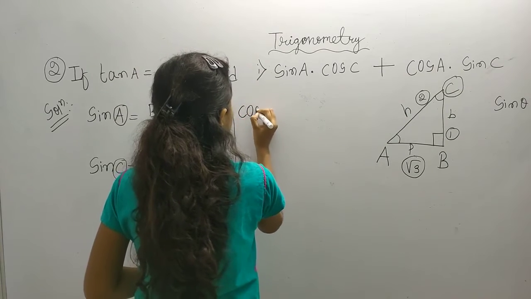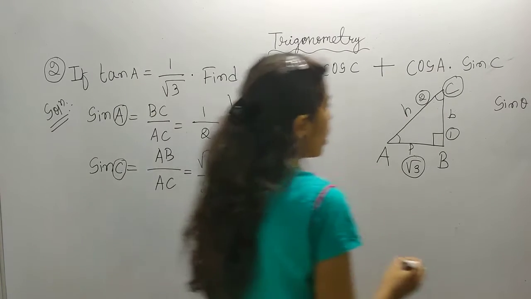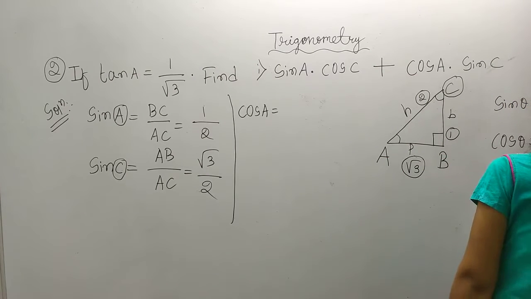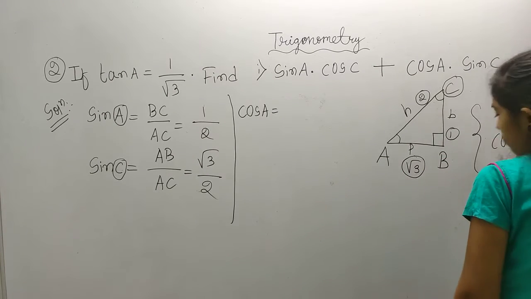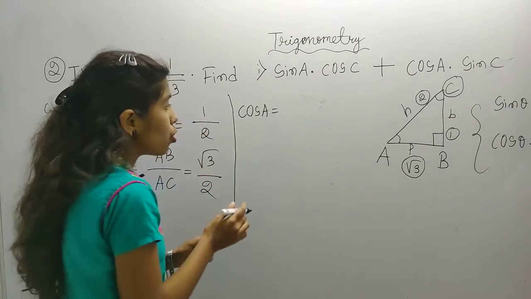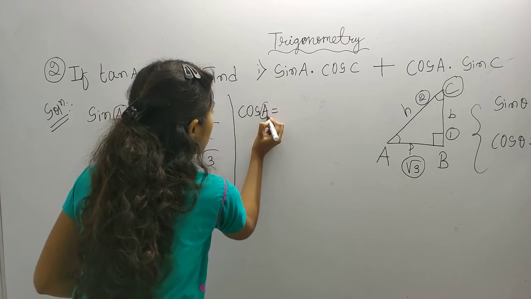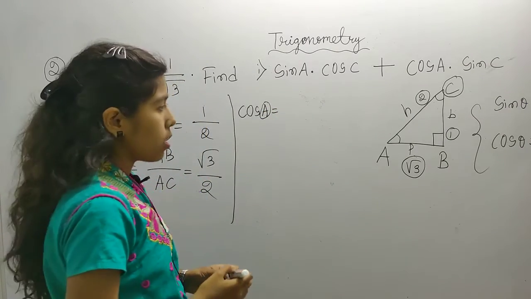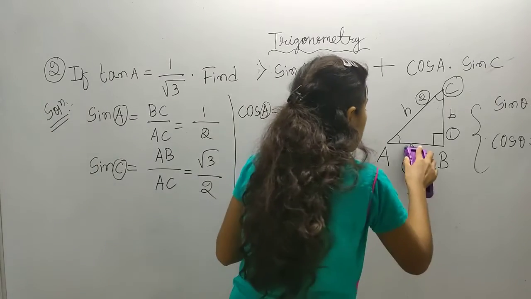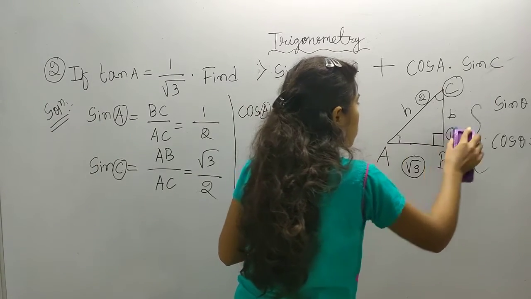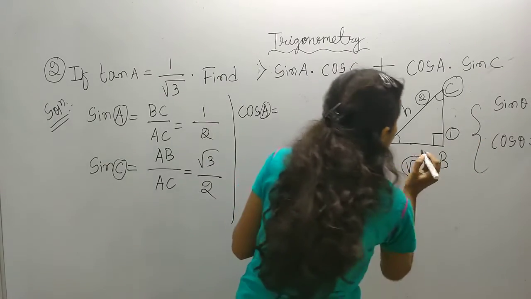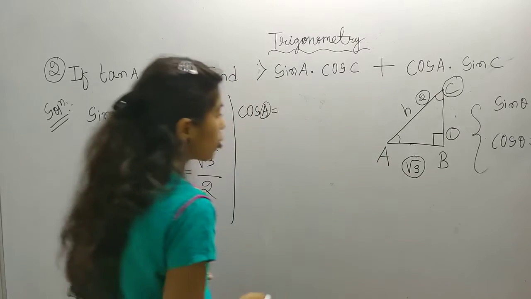So what is cos A? Cos A equals to, here we write the formula first. Cos theta equals B by H. Right? So here cos A equals to, we have to see the angle first. Here is the angle A. So we have to change again. Hypotenuse is the same as usual, no problem with the hypotenuse. Let's see about perpendicular and base.